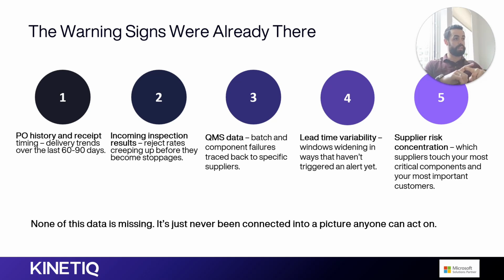Wherever you see that overlay of a highly critical supplier, and based on this composite metric we're talking about, and a high concentration of risk to them, that's a cue to your team, to the procurement team, to work on dual sourcing or finding alternative ways to manage that risk. So none of this is missing data that you don't have. It's just never been connected for most organizations in a picture in a way that people can act on it.